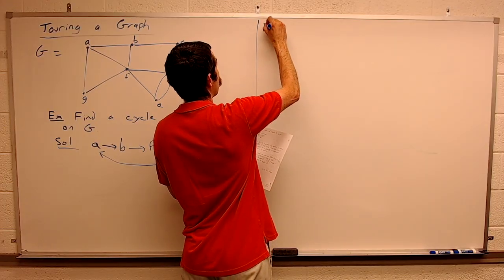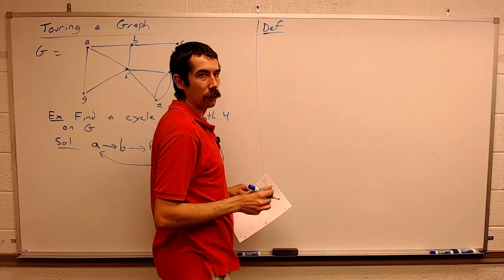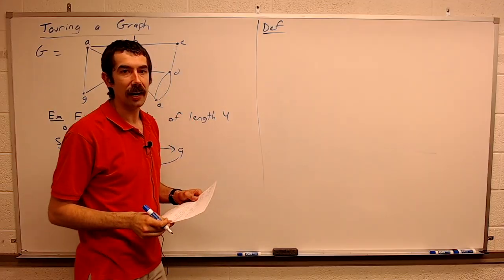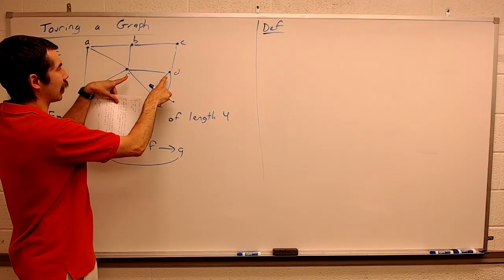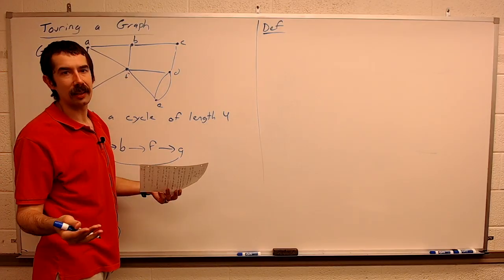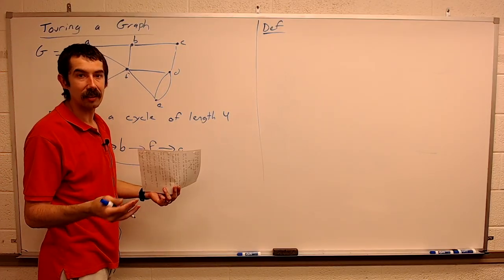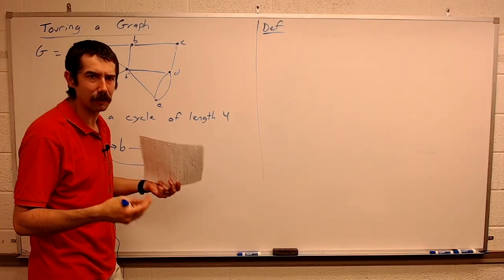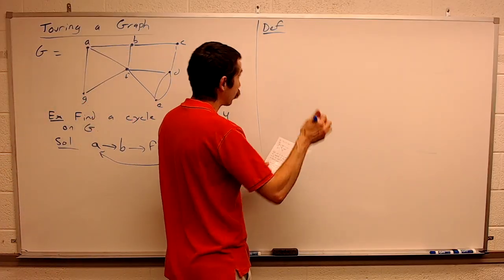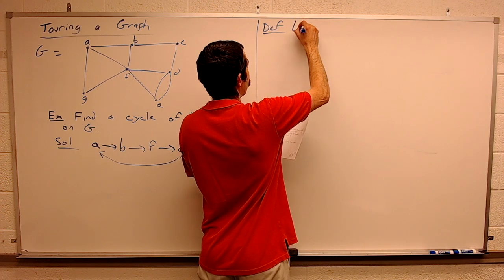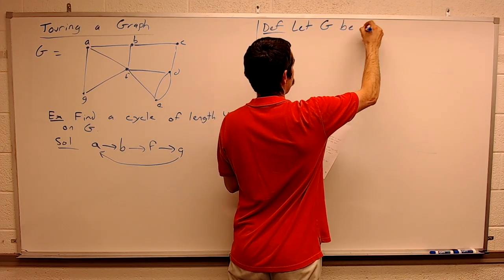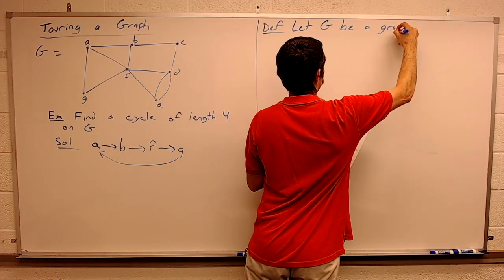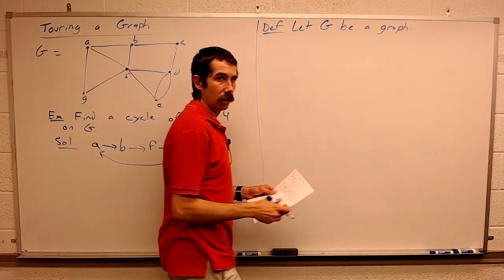All right, so we're going to define now what it means for two vertices to be connected. All right, you might think the natural definition of vertices to be connected is if they share an edge, but we already said that's what it means for them to be adjacent. All right, so we don't want a definition that we've already used. It's going to be a little bit more general than that. So let G be a graph. So here we have some graph.